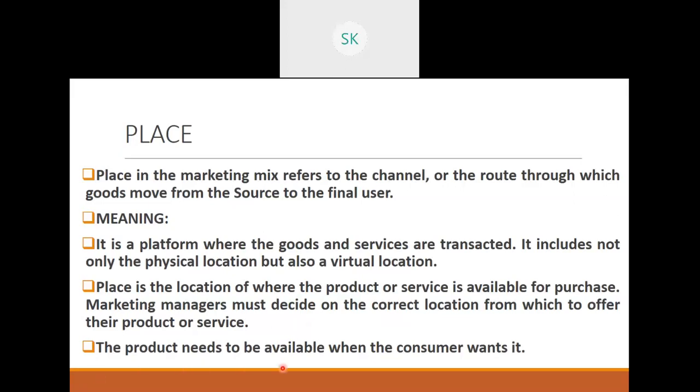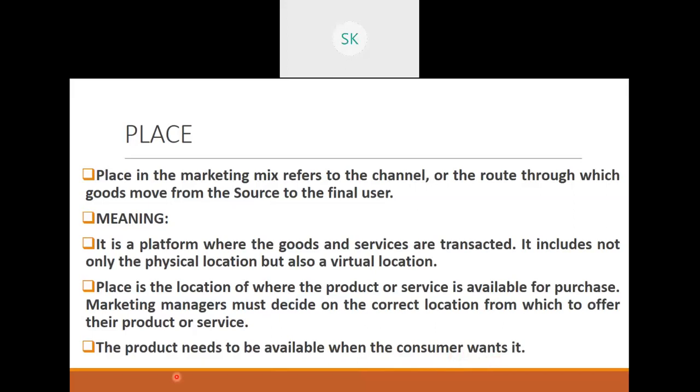The product needs to be available when the customer wants it. This is very, very important. It seems like a very easy line, but this customer want is one thing which has made all the companies discover, invent, experiment and go crazy and do everything.